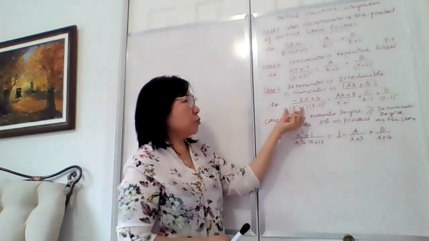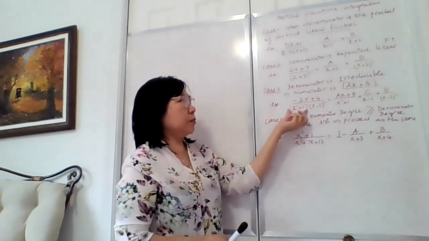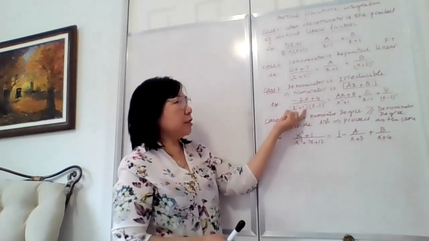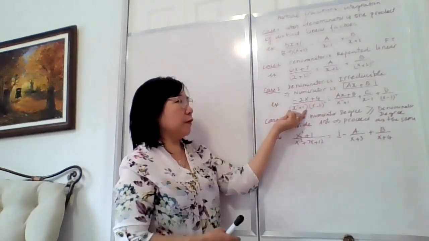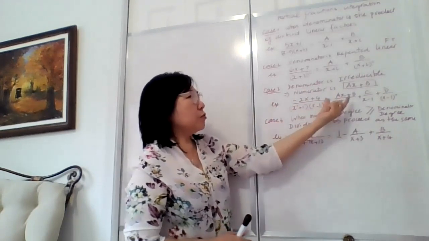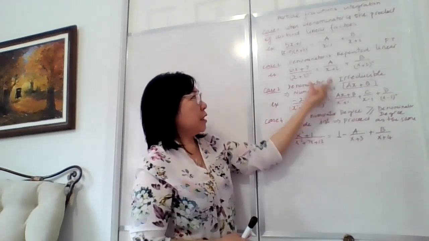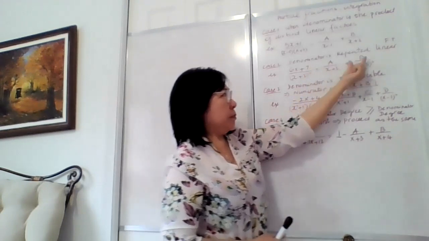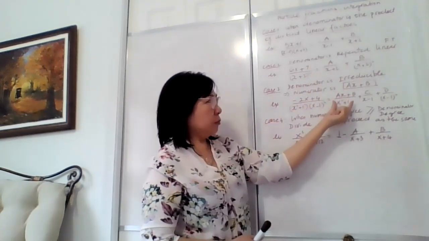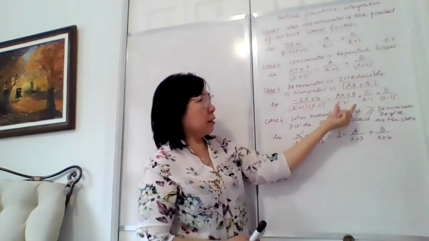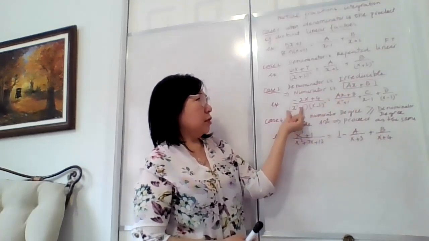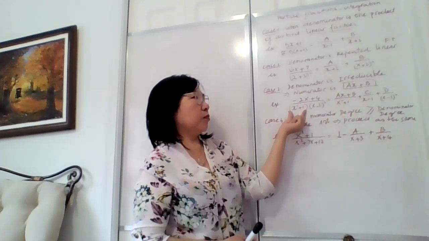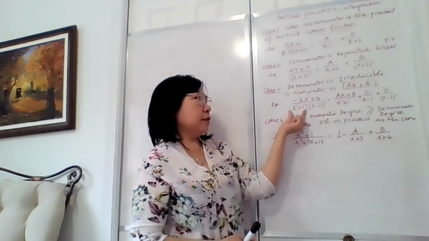So in this case, if you see something like this, if the denominator is an irreducible factor, then you use Ax plus B instead of just A or just B. You have to put an x in there, as the expression Ax plus B over this bracket, because this denominator is irreducible.